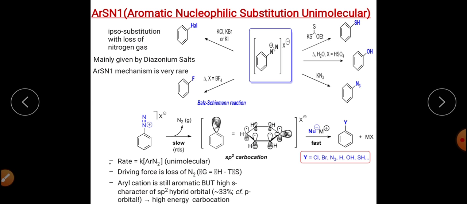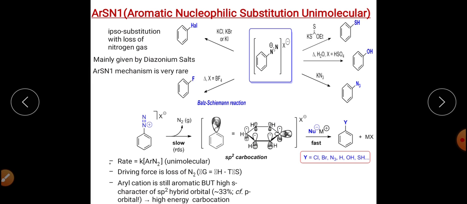When we talk about the evidence in support of the mechanism, the best evidence is the rate of reaction. That is, the rate is dependent on the substrate, that is benzene diazonium salt, which tells you that the reaction is unimolecular in fashion.